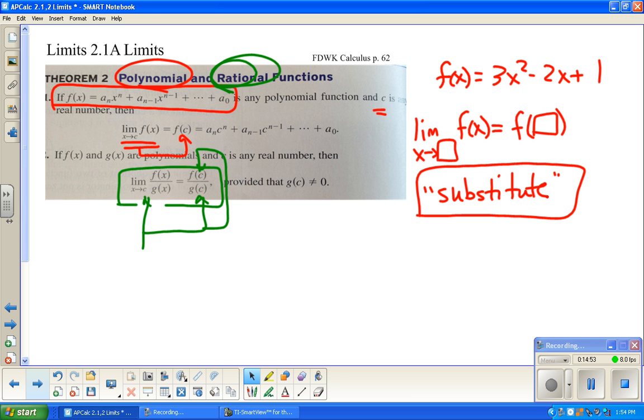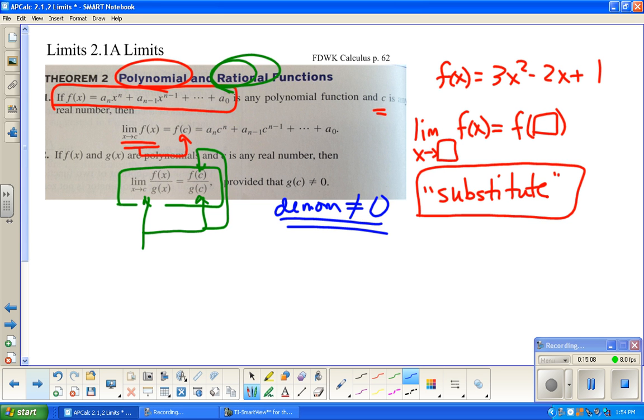Okay, just need to remember that not all rational functions are continuous. In fact, most of them are not, or at least many of them are not. So you can plug it in, provided the denominator doesn't equal 0. So this gets back to that discontinuity issue or continuous issue. If the function's continuous, you can just plug it in. It doesn't have to be continuous everywhere. It just has to be continuous at the point you want to look at, okay?